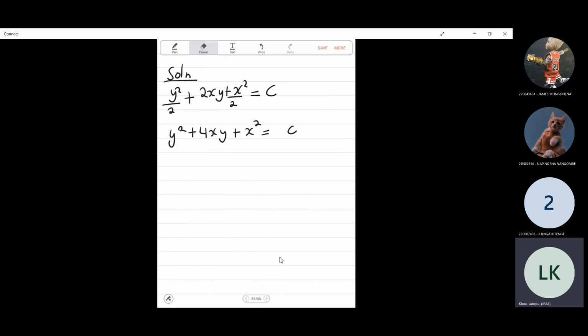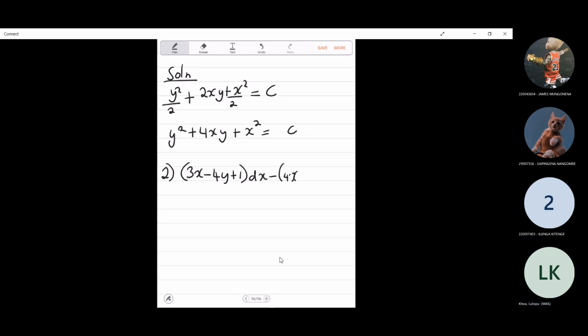Okay, so get number 2, still from your exercise. Number 2, we have (3x minus 4y plus 1) dx and minus (4x minus 5y plus 3) dy.